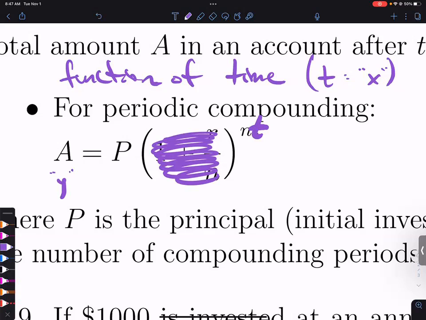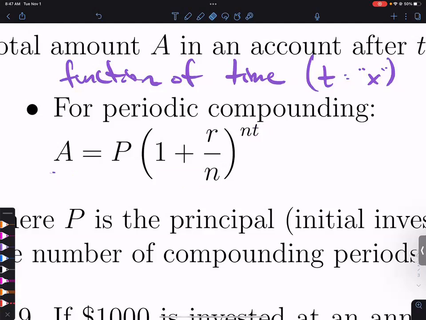We're multiplying by some value here that's going to change the starting point. And this stuff is the variable, basically. It's playing the role of X. As we go along, we'll get more into thinking of this as an exponential function. For the moment, it's pretty much just a formula to plug stuff into.